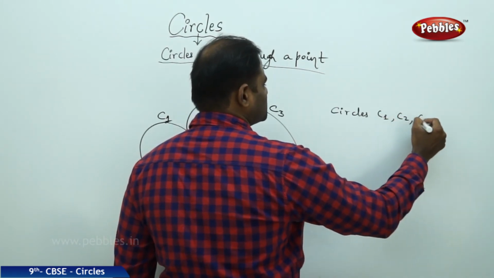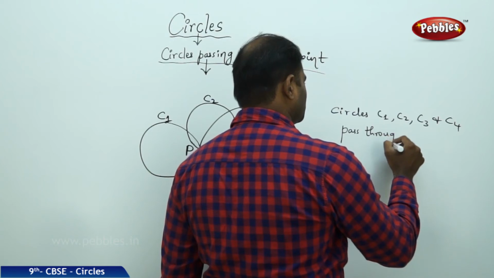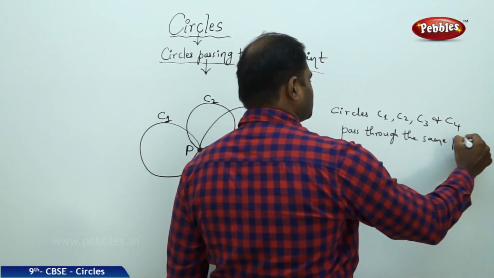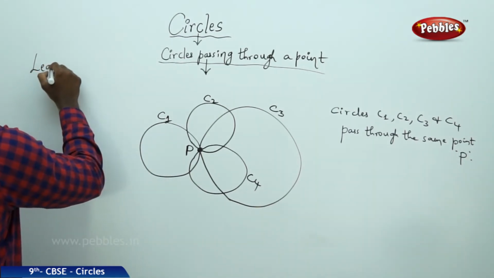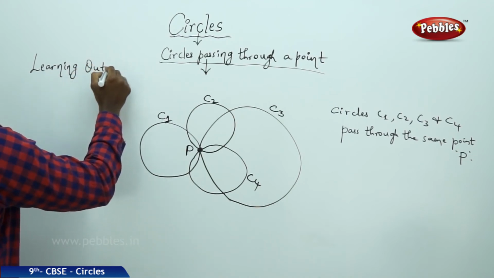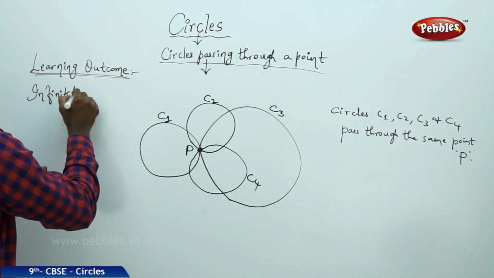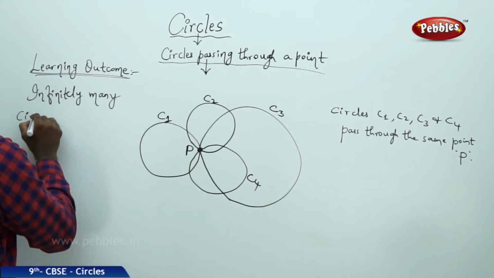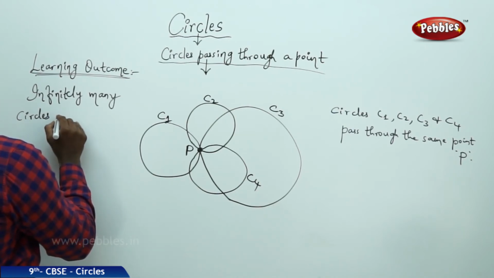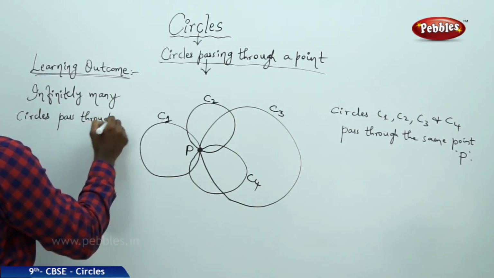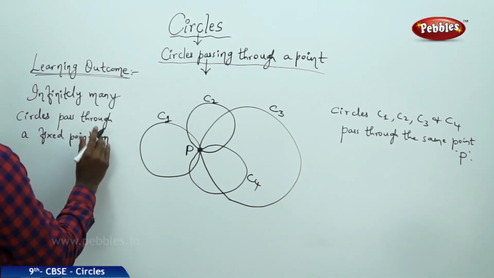So in this case, we understand that circles C1, C2, C3 and C4 pass through the same point P. So my learning outcome in this case is that infinitely many circles, of course of different sizes, not of the same size, pass through a fixed point in the plane.